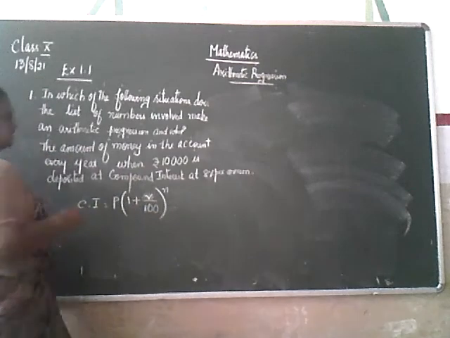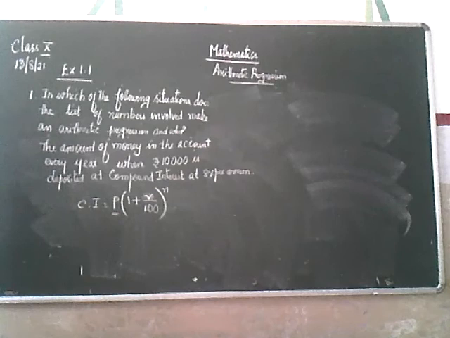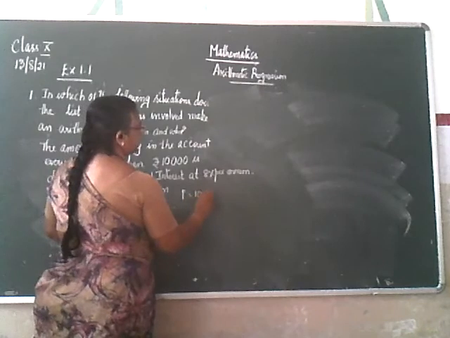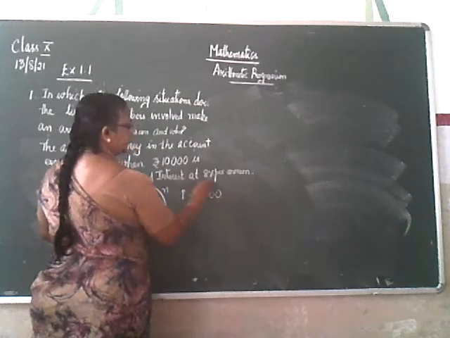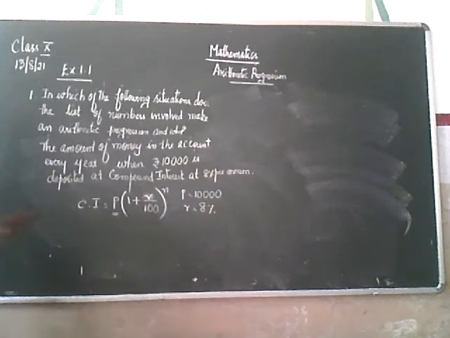So I can consider the amount deposited P is 10,000, at compound interest at the rate of 8% per annum. So every year it is 8%.